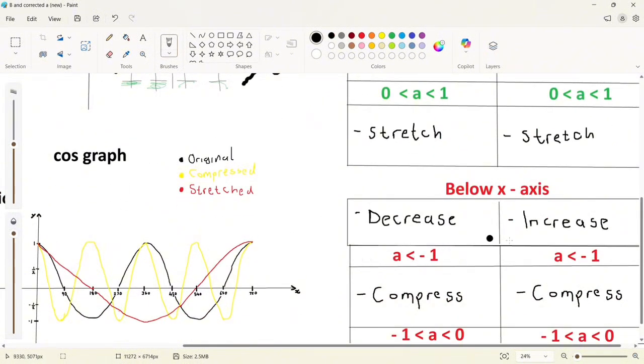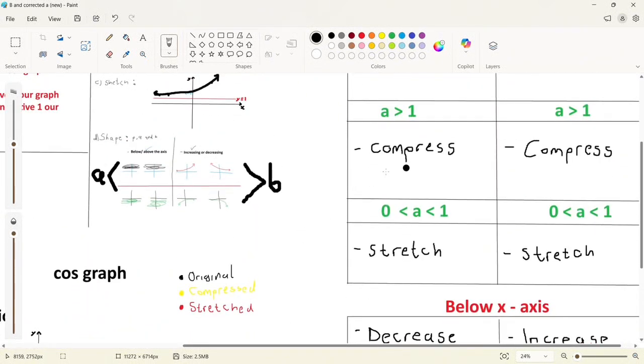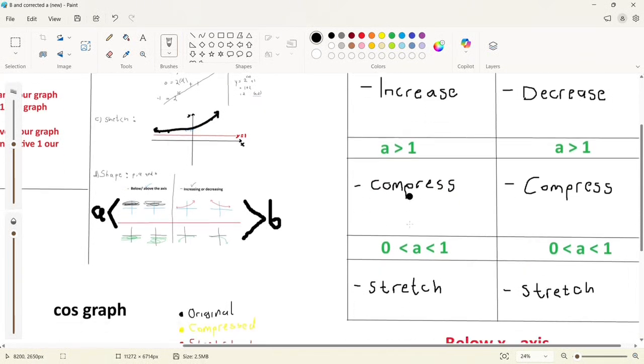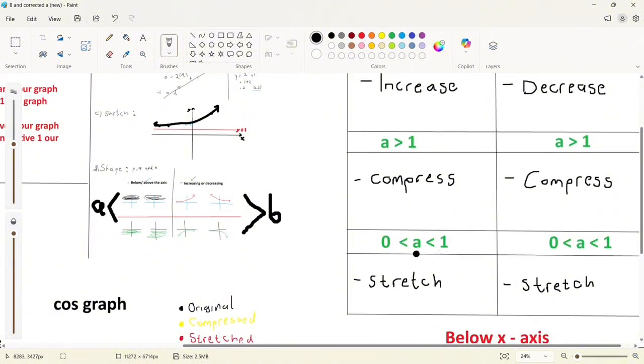The other thing a does is it compresses or stretches our graph. Above the x-axis, values of a greater than 1 cause our graph to compress, and values of a between 0 and 1, so fractions, cause our graph to stretch.